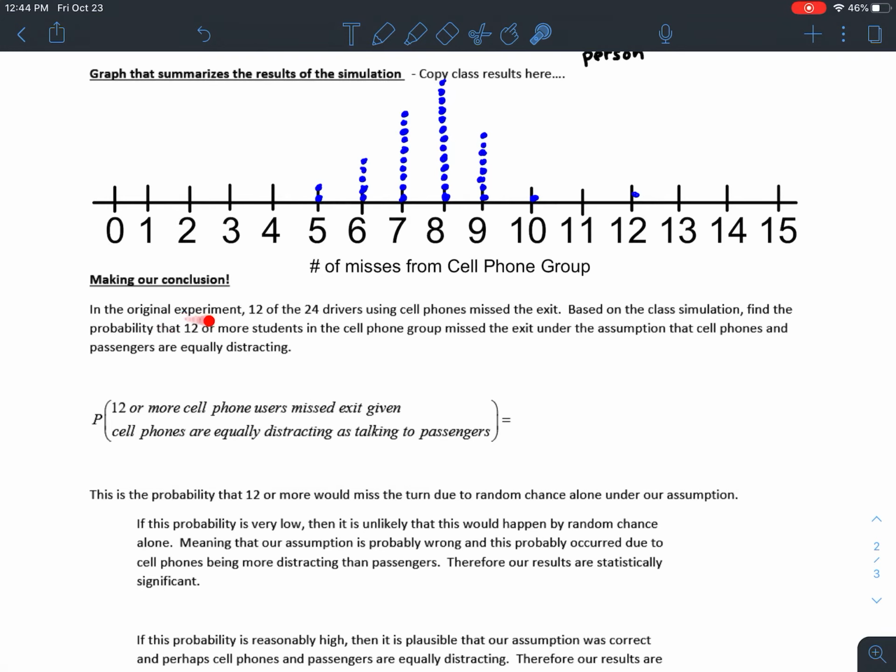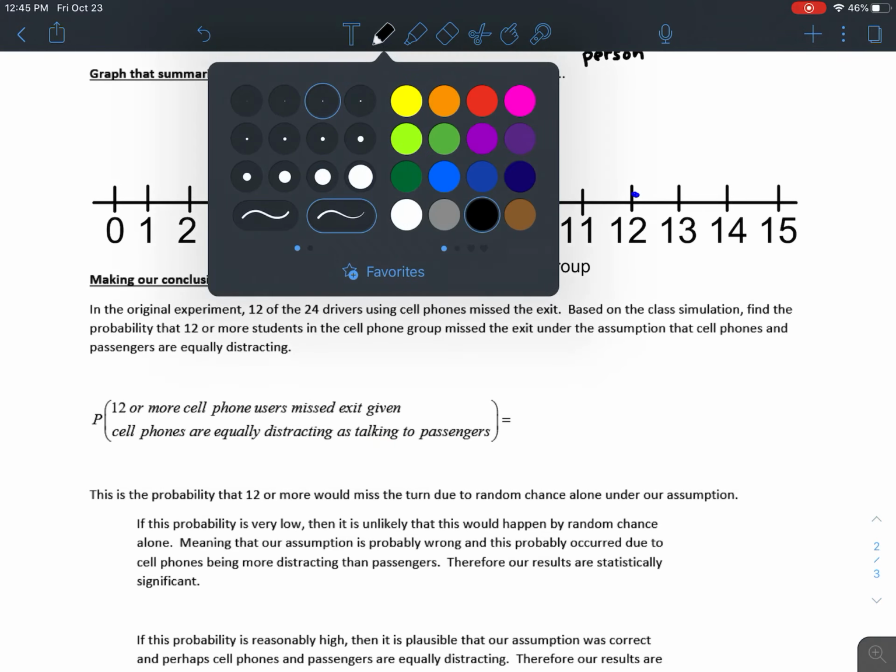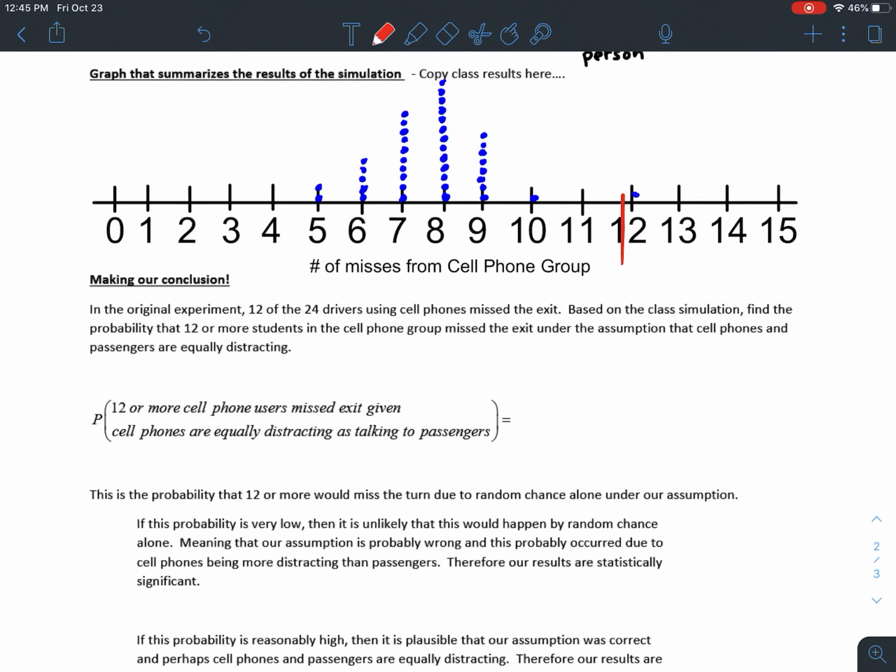So when we make our conclusion, here's what we want to look for. Remember, in the original experiment, 12 of the 24 drivers who were using the cell phone missed the exit. But based on our class simulation, we want to find out the probability that 12 or more of the cell phone users missed the exit, given that cell phone users are equally distracted as talking to a passenger.